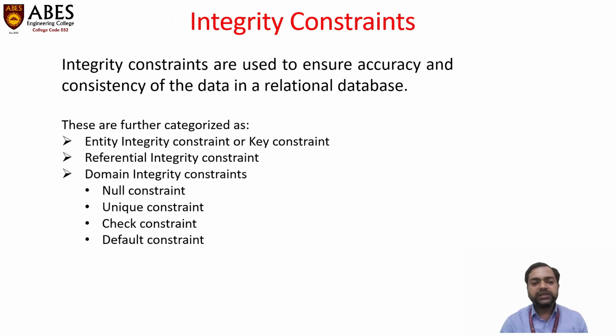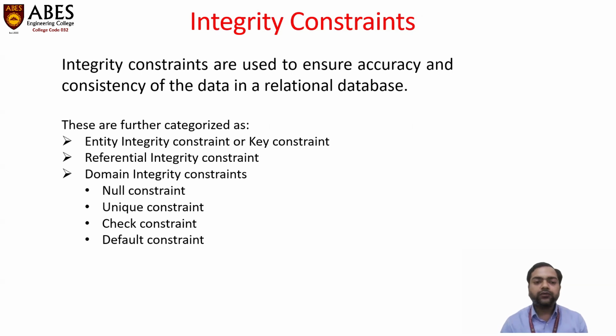These constraints are used to ensure accuracy and consistency of the data in the relational database. It is also called schema-based or explicit constraint, which means we have to apply the particular constraint onto the relation. It is not automatically or inherently applied. We have to apply it, right?